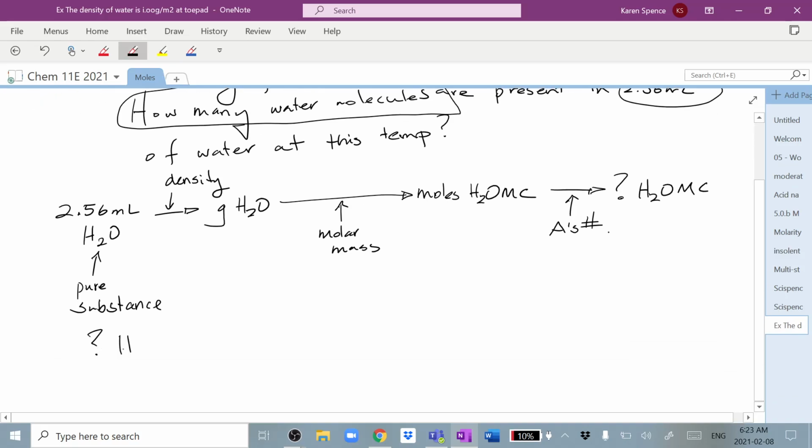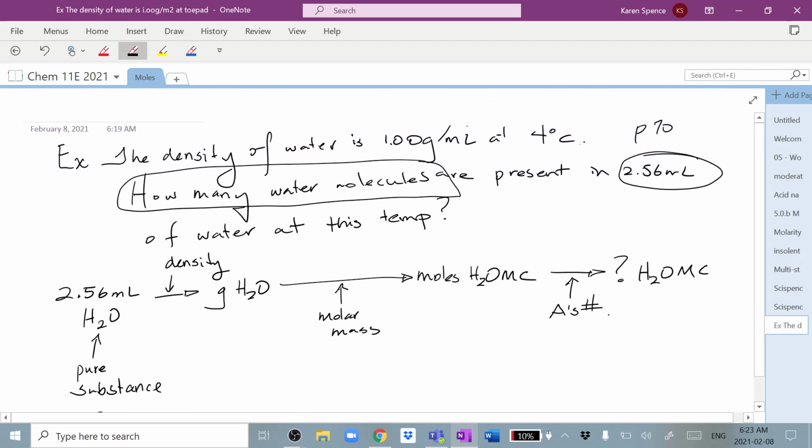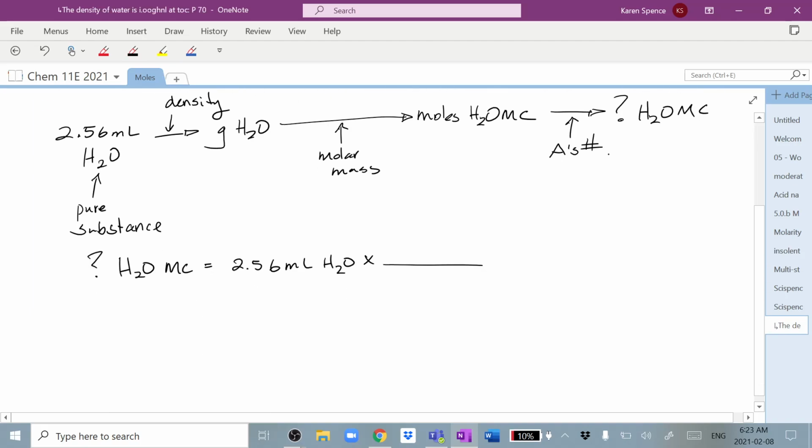How many water molecules is equal to 2.56 milliliters of water times the density of water, 1.00 grams per milliliter.